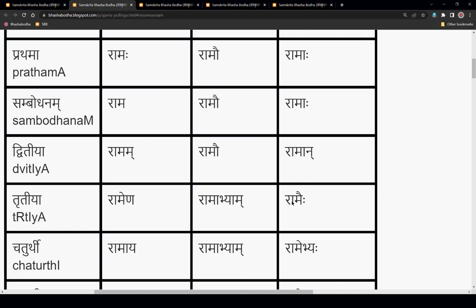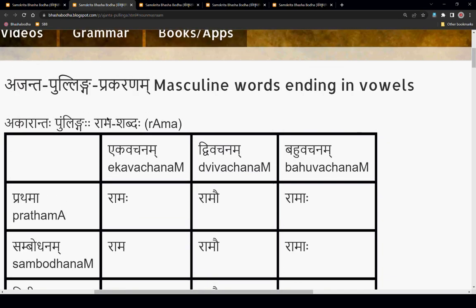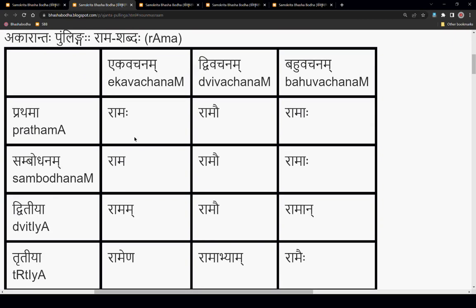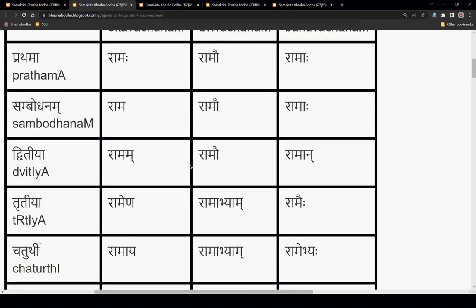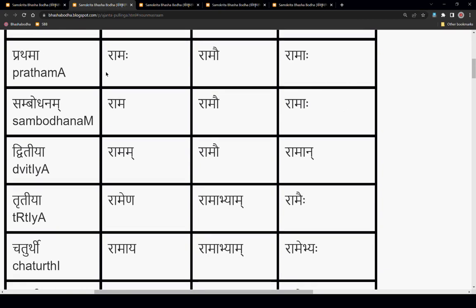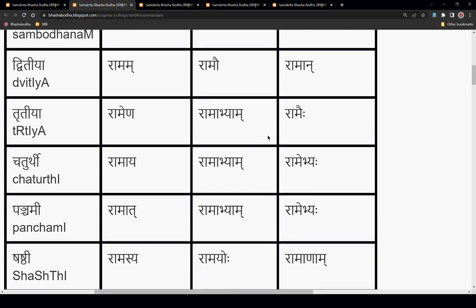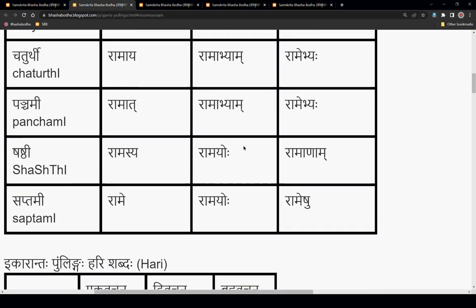If the Pratipadika endings are same, so we are looking at the Pratipadika, like Netra, Rama, the ending swara of the base word Pratipadika is same, ending in A, like phala, Rama, except for those words, Prathama, Sambodhana, Dvitiya will differ, like Vanam, Vane, Vanani, and here, Vanena, Vanabhyam, Vanaih, so on.